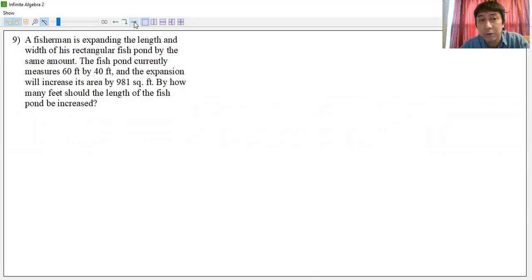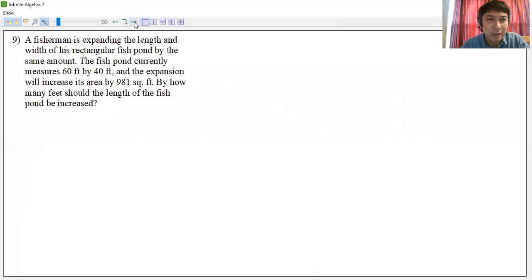This is comparable to the terrace of the Harrison family, the previous number. There's a fixed original size, and then you're going to increase it by the same variable, the same amount.